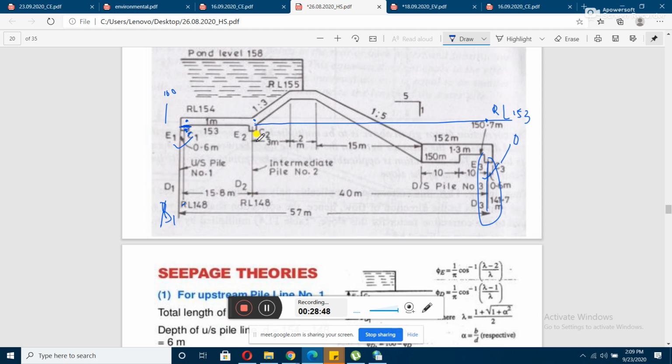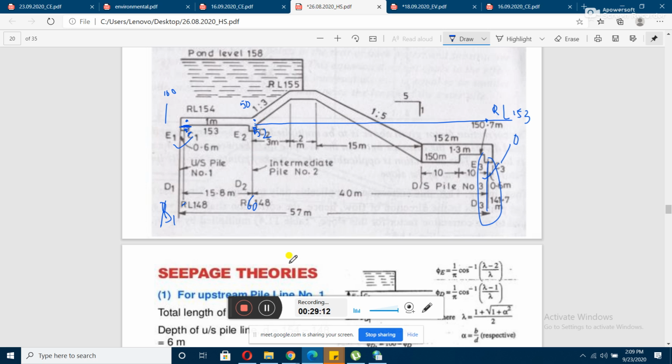So somewhere in between, at this point it will be more than this, because as you go up the pressure is being reduced. Suppose you have found this value to be 50, and this turns out to be 60, so somewhere down it can be 52, so it has to be more than 50, right. So here you need to do a positive correction.